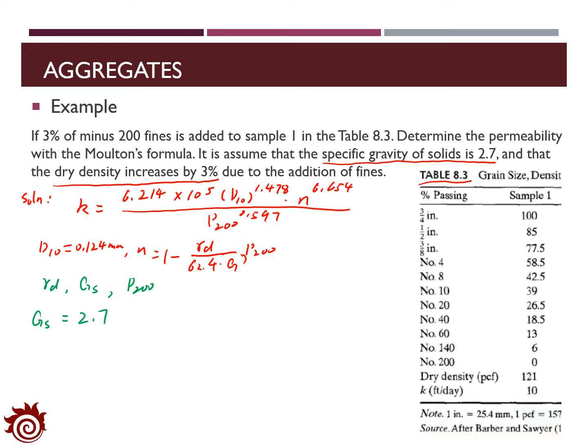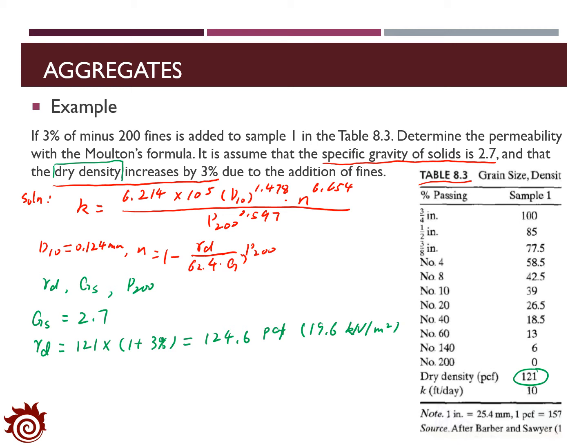For gamma D, the dry density, we know that the dry density increases by 3%. The original dry density is 121, so that is 121 times 1 plus 3%, which is 124.6 pcf. And that is equivalent to 19.6 kilonewton per cubic meter.